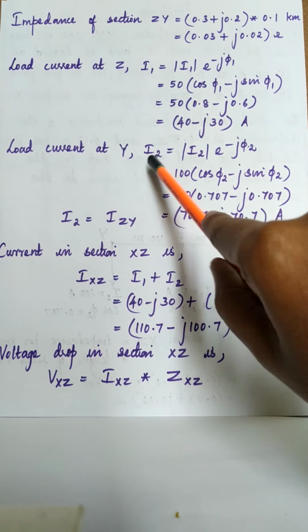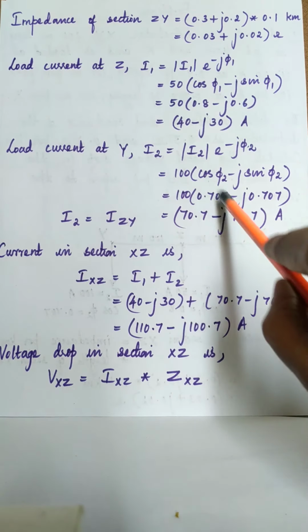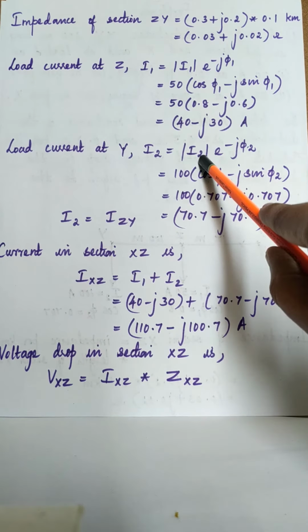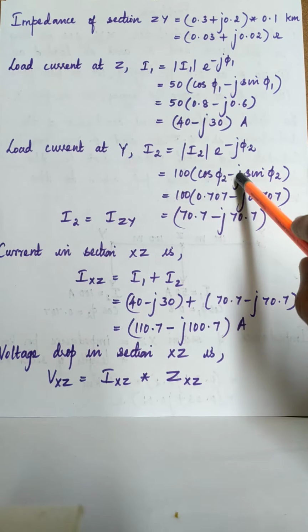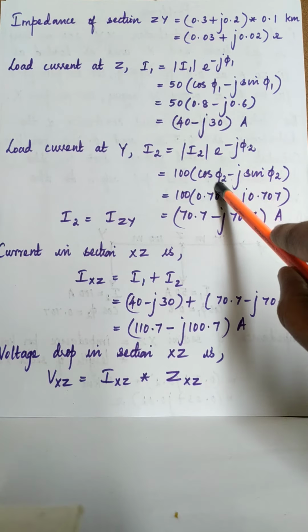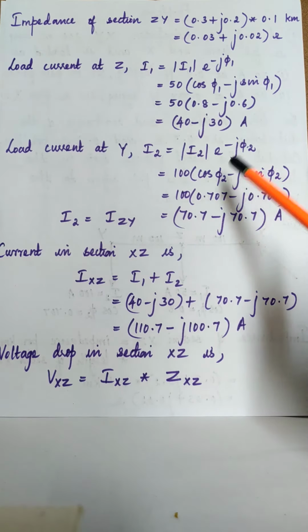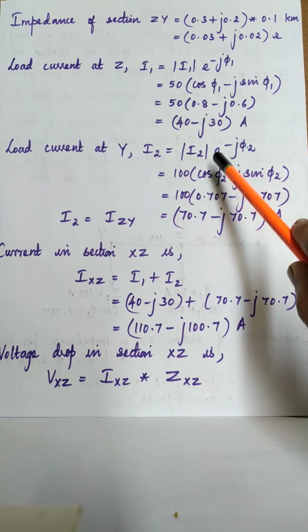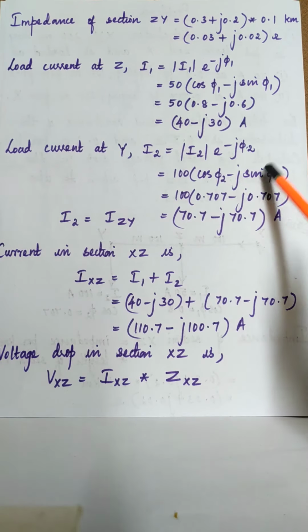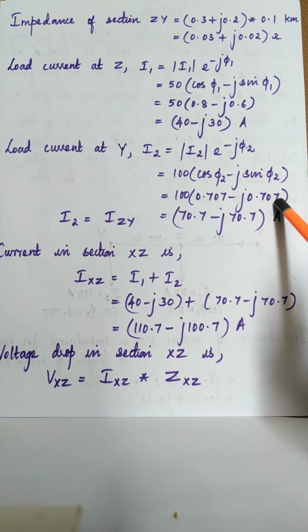In the same way, find I2 also in complex form: magnitude of I2 into cos phi 2 minus j sin phi 2. Given cos phi 2 as 0.707, find phi 2, then find sin phi 2. You will get 0.707.